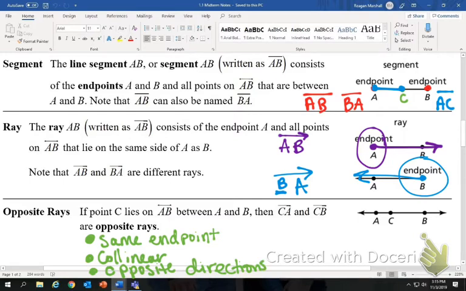So, in order for you to have opposite rays in this picture, the endpoint they would have to share is C. So, you're going to have 2 rays, and I'm going to name them with the arrow pointing to the right. The endpoint for both of them will be C. If I wanted to name this left portion, I would say CA. If I wanted to name the right portion, it would be CB. And those would be opposite rays.